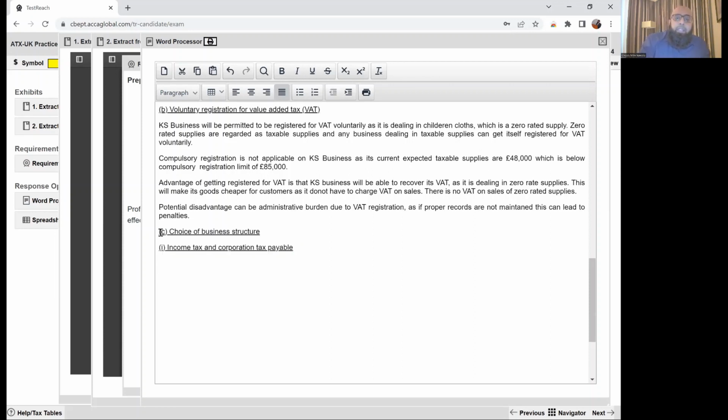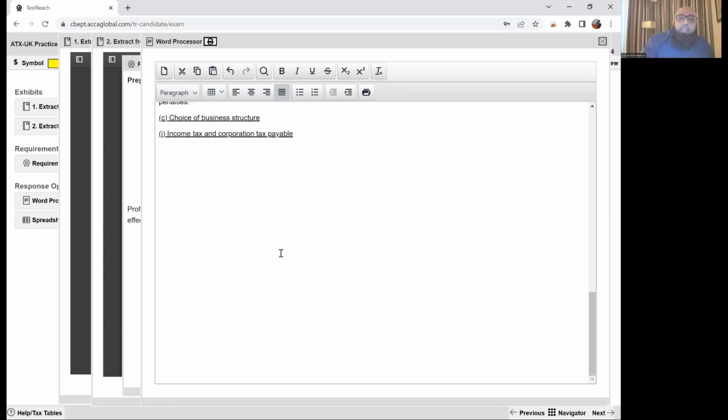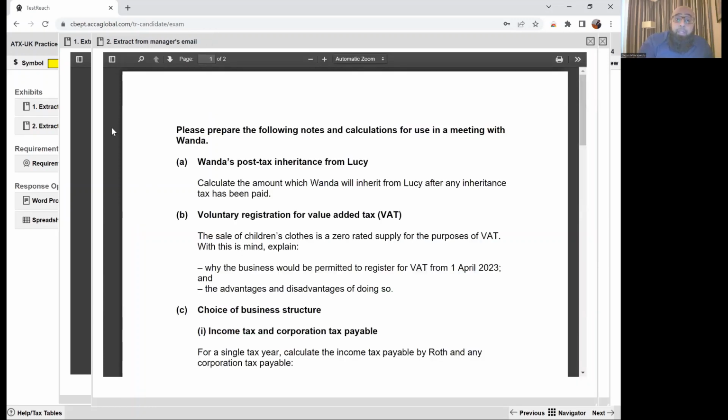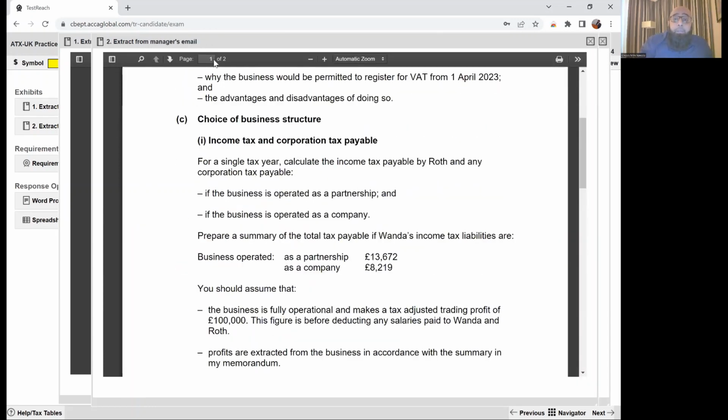Now let's look at what he is asking in this, because I believe this one will be a bit complex, as this requirement is of 11 marks. So let's read what he's asking here, and then we'll solve it. Choice of business structure, income tax and corporation tax payable.